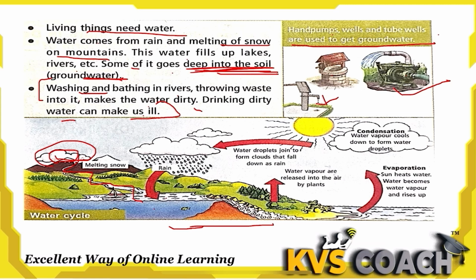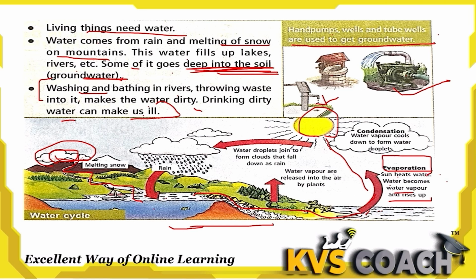Then this water evaporates. The sun heats the water and the water becomes water vapor and rises up. This is the process. You can see that this is the sun and it is heating the water. When water heats up, it changes into steam or gaseous state and then it evaporates.